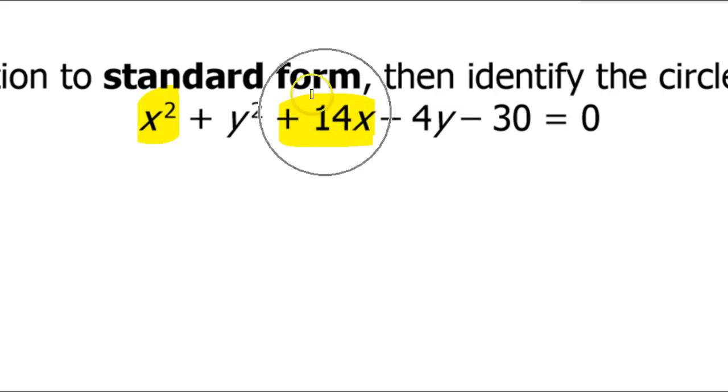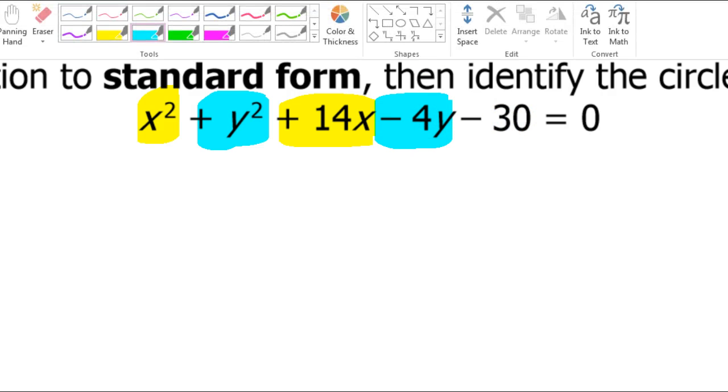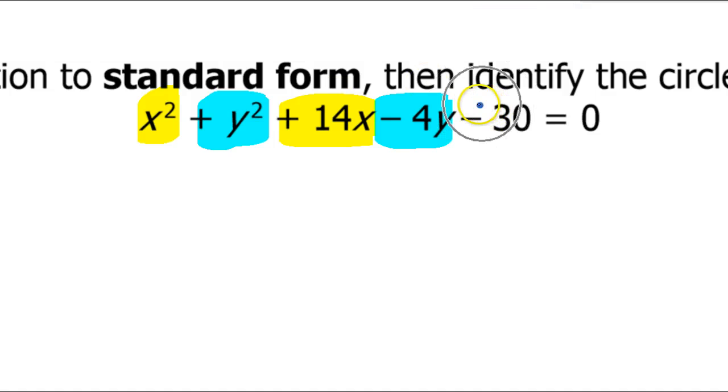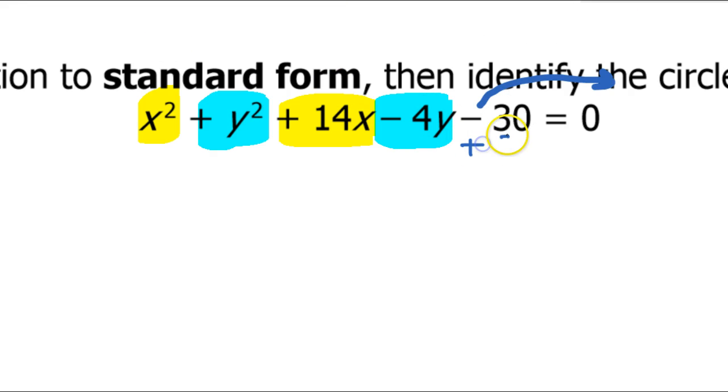So these two terms need to be side by side, and these two terms need to be side by side. The constant term, that negative 30, it just needs to go to the other side. I'm going to do that by adding 30 to both sides of the equation.